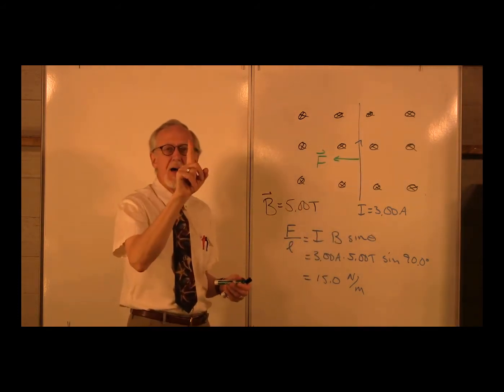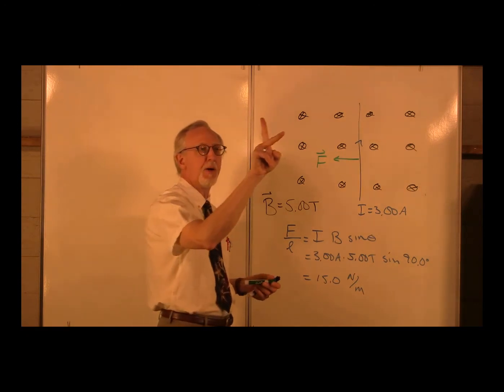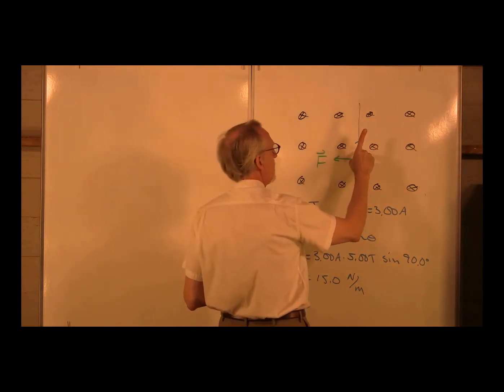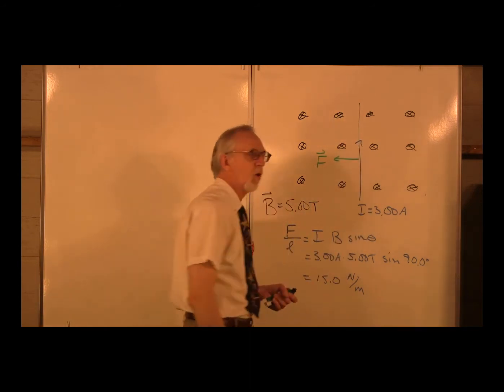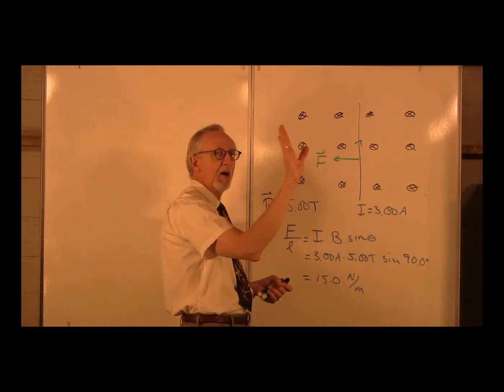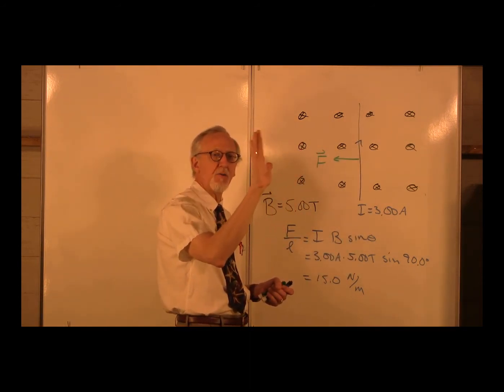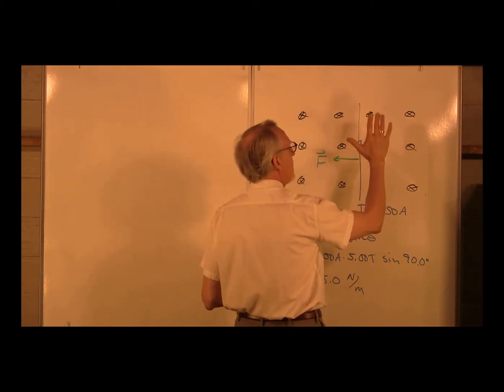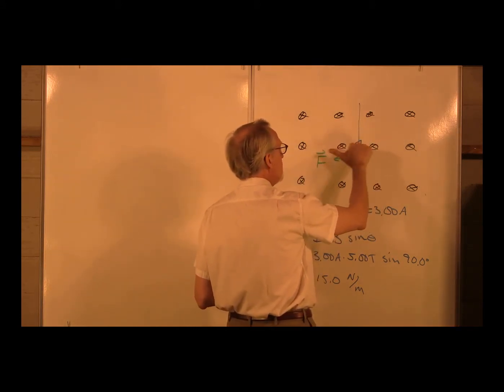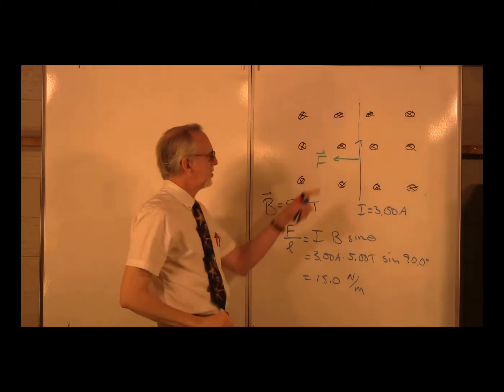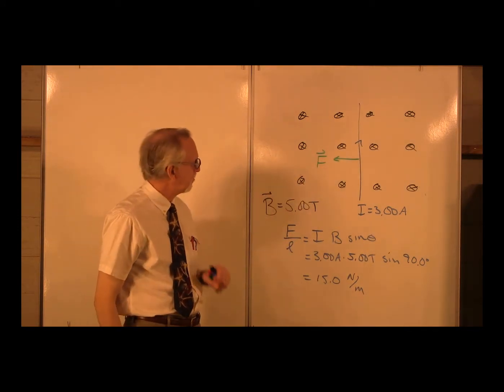Or, I is up, rotate my fingers down into the board, so up into the board, thumb points to the left. So force to the left. There we go. There's the force.